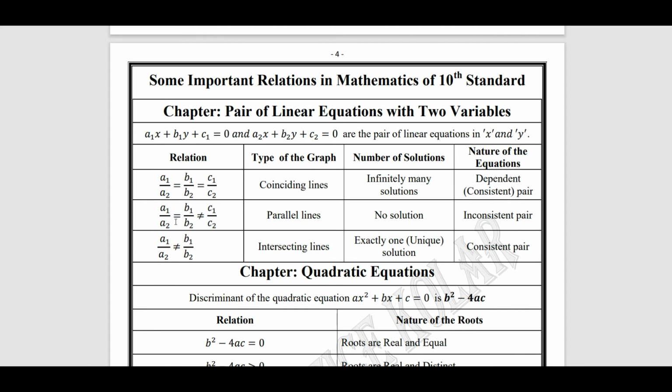If a1 by a2 equals b1 by b2 not equal to c1 by c2, parallel lines, no solution, inconsistent pair. Inconsistent means parallel lines, no solution. If a1 by a2 is not equal to b1 by b2, intersecting lines, exactly one solution or unique solution, consistent pair.